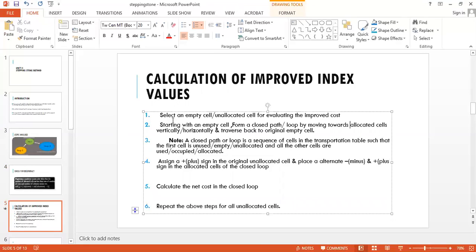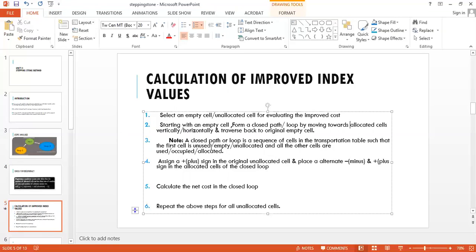What is the first step? We have to first select an empty cell or an unallocated cell for evaluating the improved cost. Starting with an empty cell, we have to form a closed path or closed loop by moving towards allocated cells, either vertically or horizontally, and again traverse back to the same original unallocated cell.